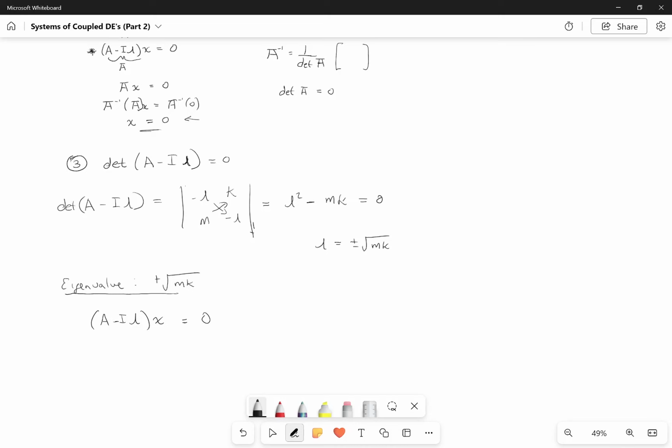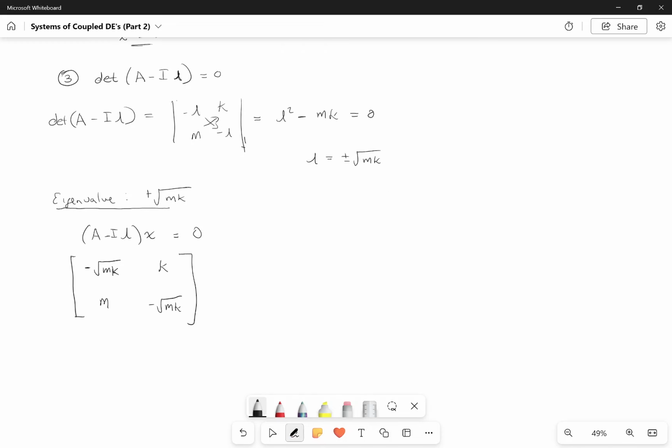So we're going to plug in here. For the positive, this is going to become negative root mk, and then negative root mk. Put k here and m here.